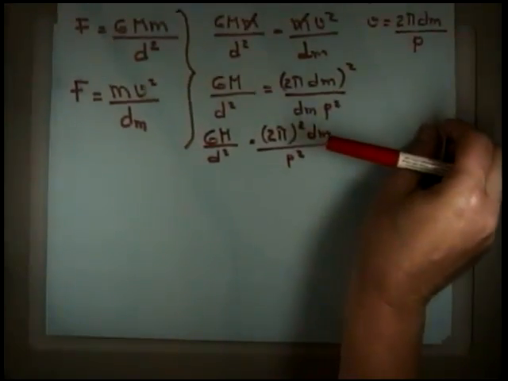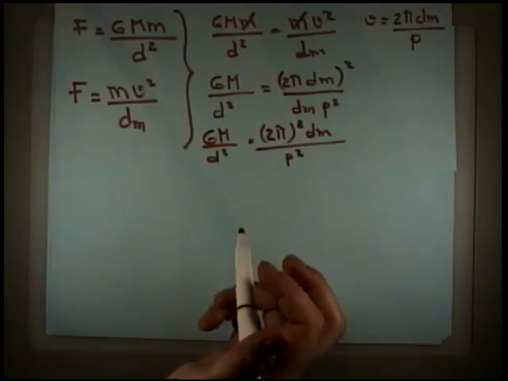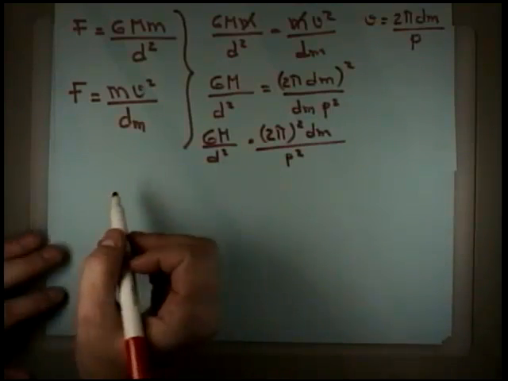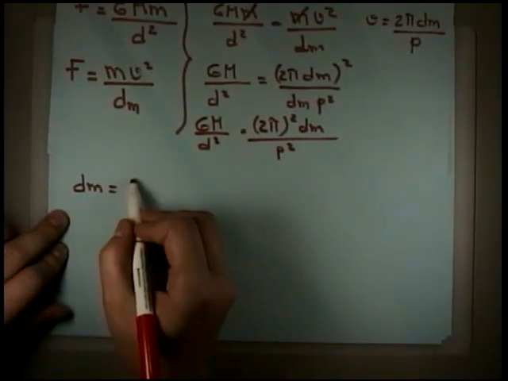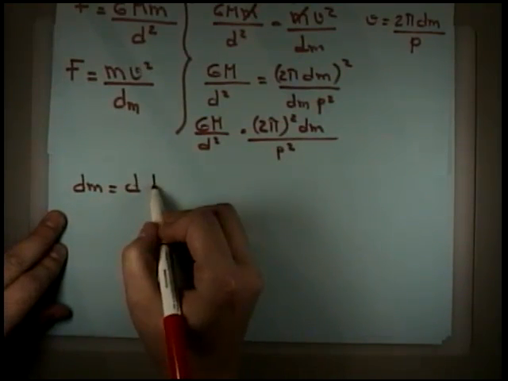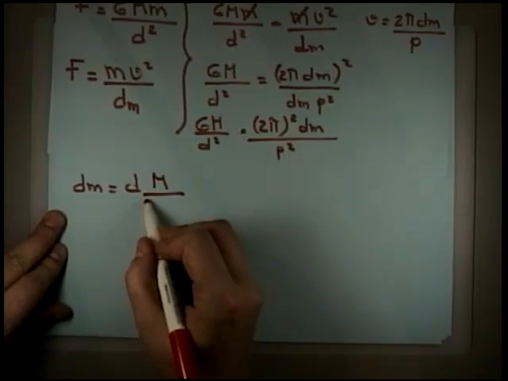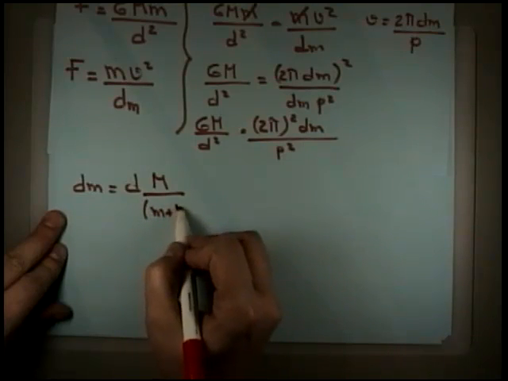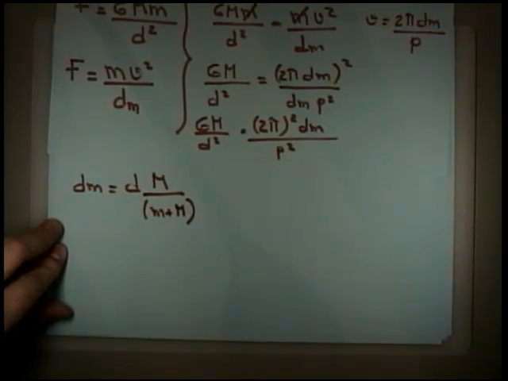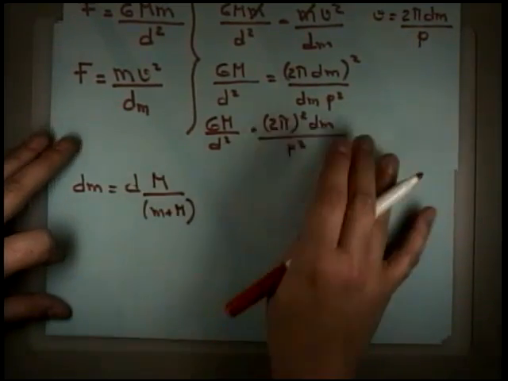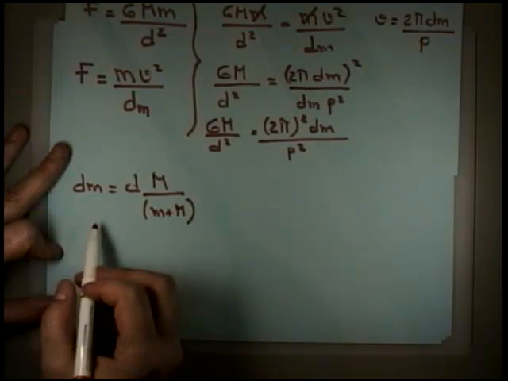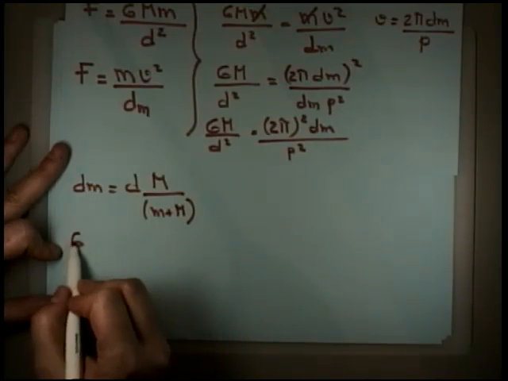We need to remember that d little m is d multiplied by big M over little m plus big M. So now, all we need to do is substitute this d little m right there, and things will cancel out. So let's do it.